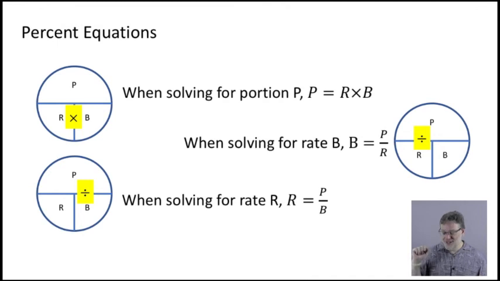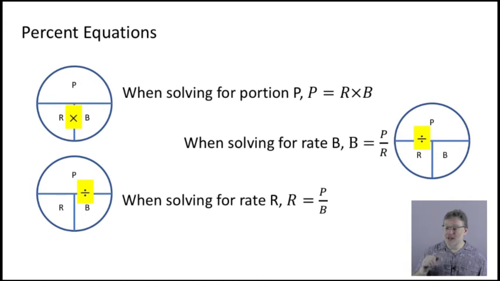So the situation of these 3 letters in this circle is designed to direct you to which mathematical operation to do when solving for various things. If you're solving for the portion on top, you're going to be multiplying rate times base.